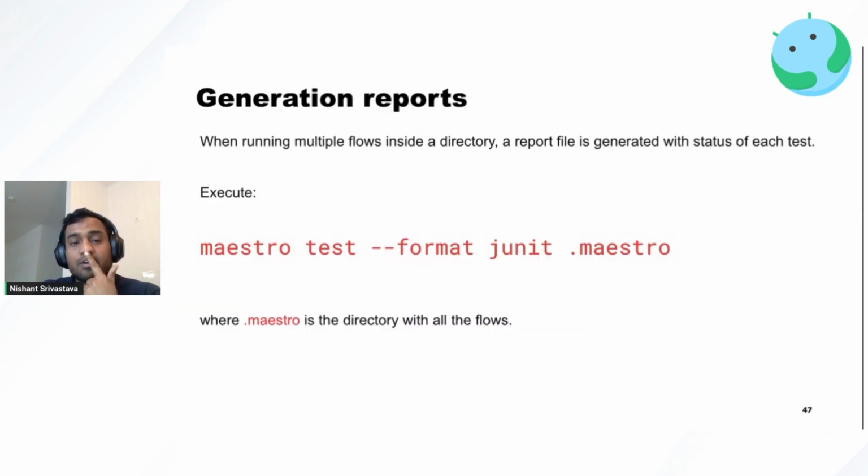So when you have multiple of these flow files inside a directory, and you execute maestro test, and then you pass in a format, in this case JUnit, and .maestro is the directory name. It's basically a hidden directory on Mac and Linux, but on Windows, you can have a different version. And when you run this command, basically what it does is it prints out which of the tests passed and which of the tests failed.